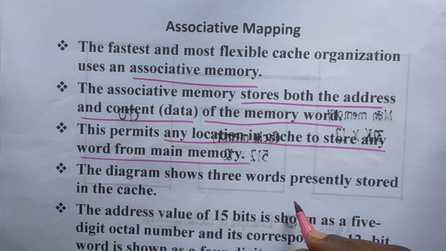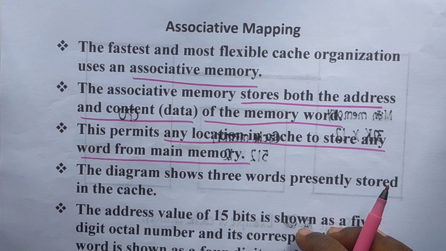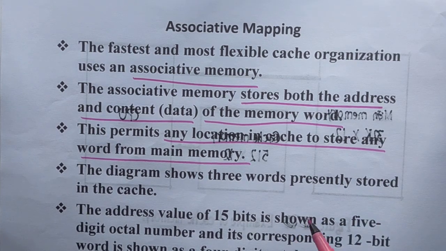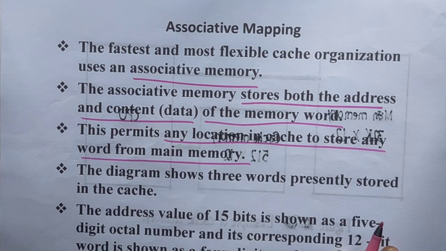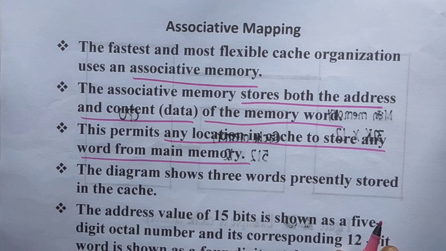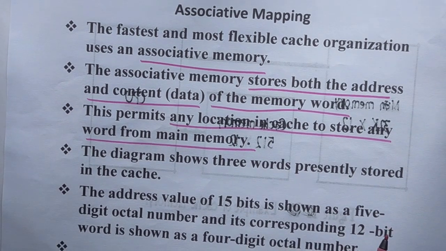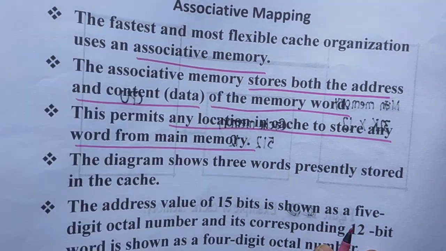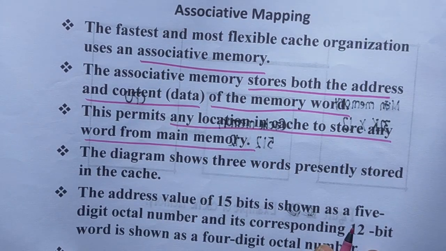So whenever we store any data or a word, it can identify any location in cache memory from main memory. I will show you the format of that associative memory through a diagram.